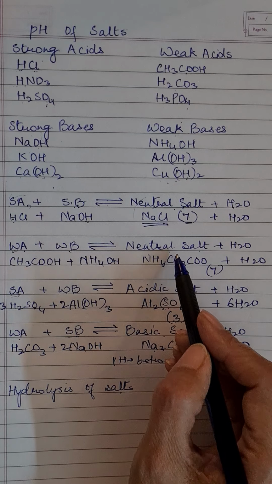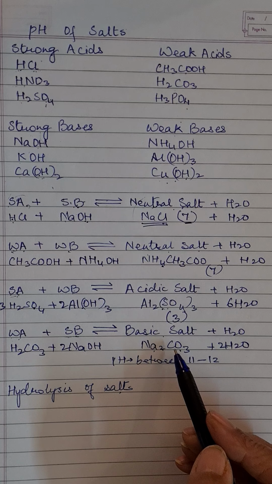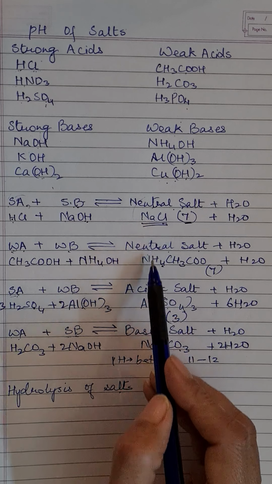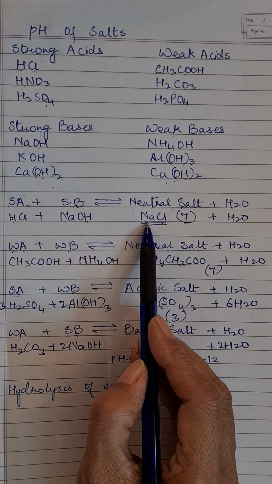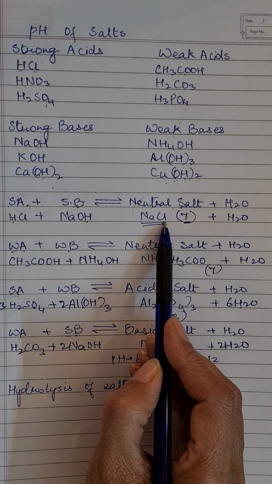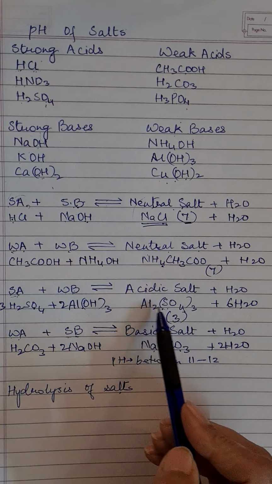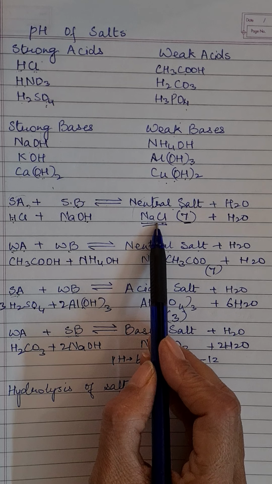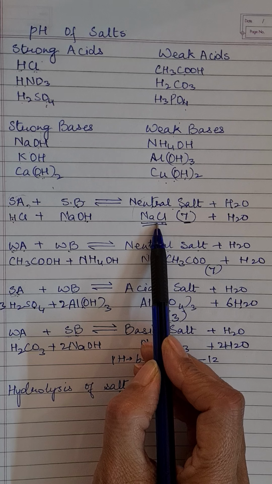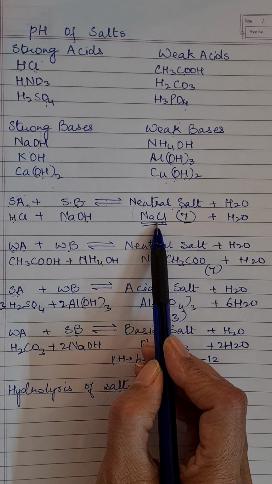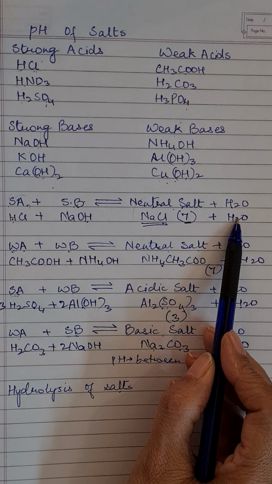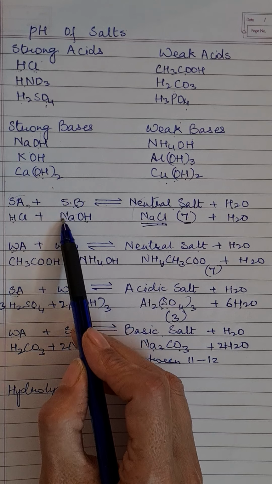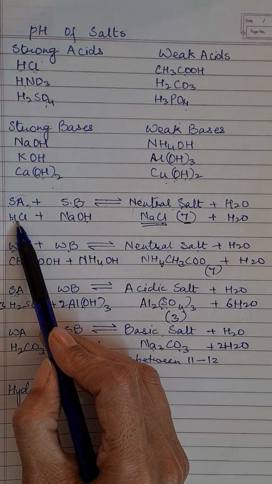If you see the salts over here, they are all ionic in nature. That means in water, they are going to dissociate into the positively charged cations and the negatively charged anions. All of them are going to dissociate into ions, and when they do, they are going to interact with the water molecule, and they will regenerate the base and the acid.